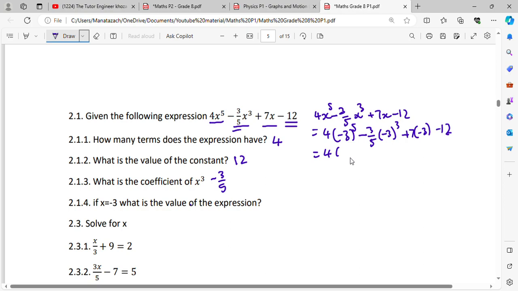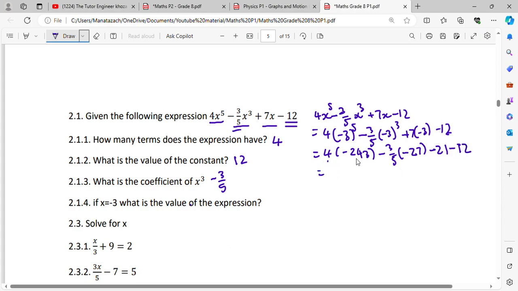So minus 3 to the power 5 will give us minus 243. Then minus 3 cubed will give us minus 27. Then 7 times minus 3 is minus 21.